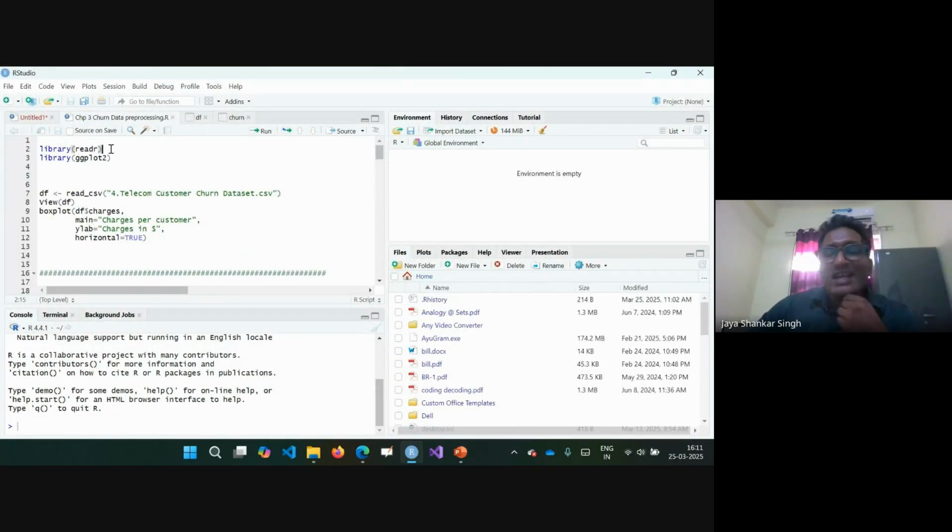So to start, to load a particular package, I am going to use this reader package, which helps you to read any dataset, generally a CSV file.